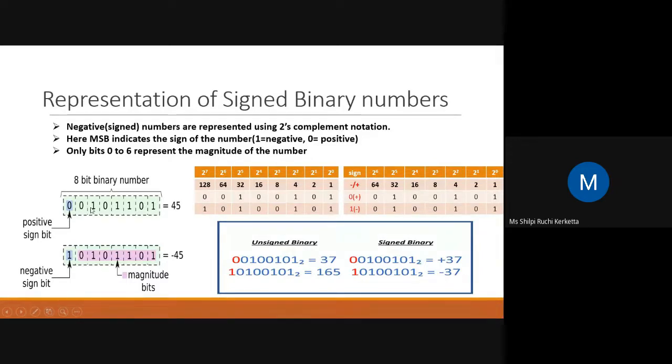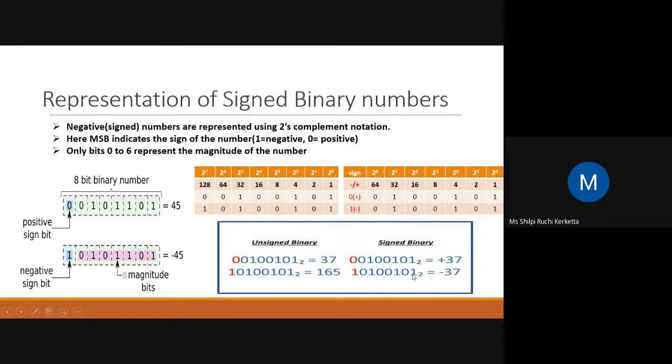Same way with 45. You can see one more similarity between plus 37 and minus 37: from the 0 to 6th term, all the digits are the same. The last bit changes because it is the sign, positive in one and negative in the other, so it changes from 0 to 1.